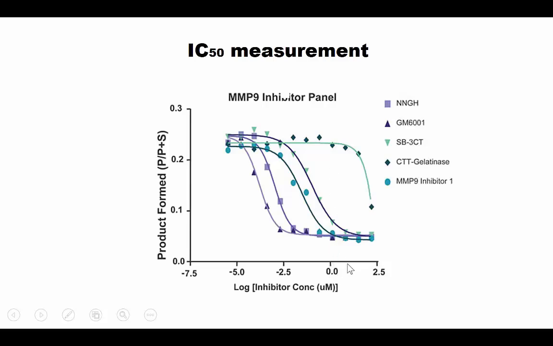And 1 should be here and 2 around here. 1 is 10 micromolar, 2 is 100 micromolar, right? Let's go down here. Minus 1, minus 2, minus 3. Minus 1 is what concentration? It should be 0.1 micromolar. That means 100 nanomolar. And then 10 nanomolar and 1 nanomolar.